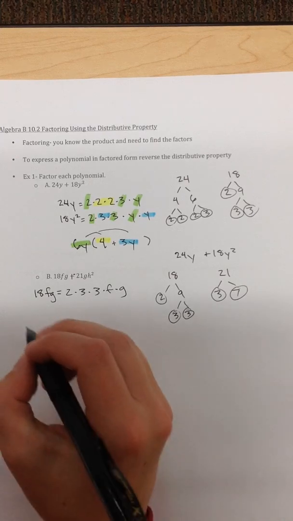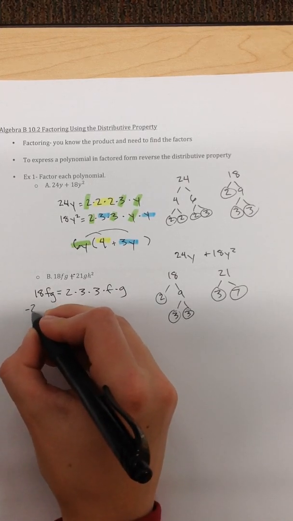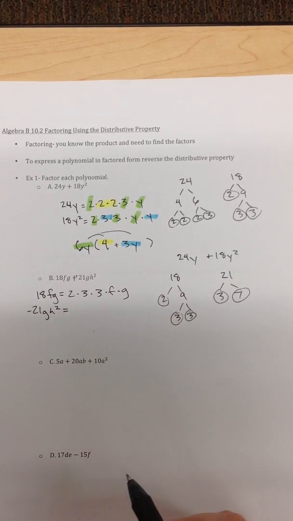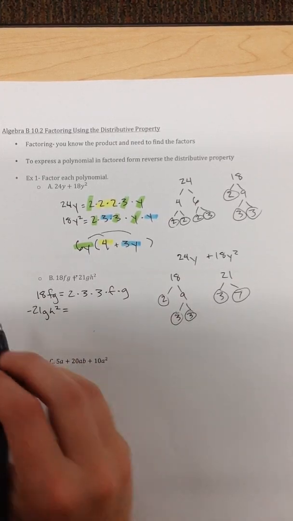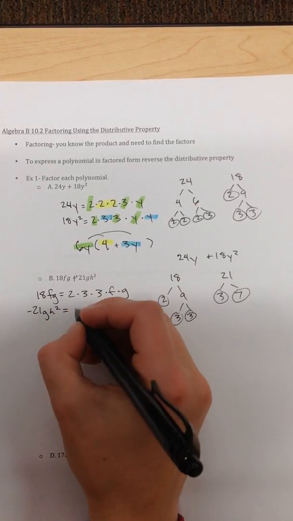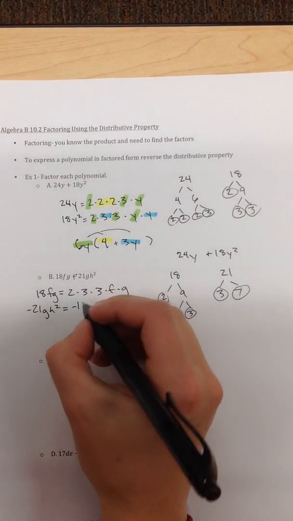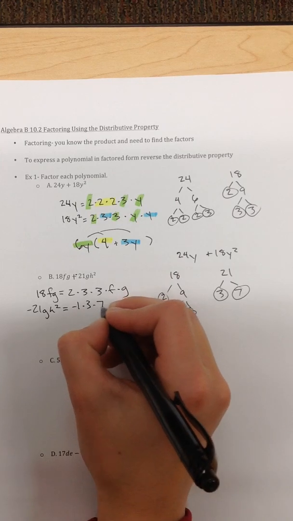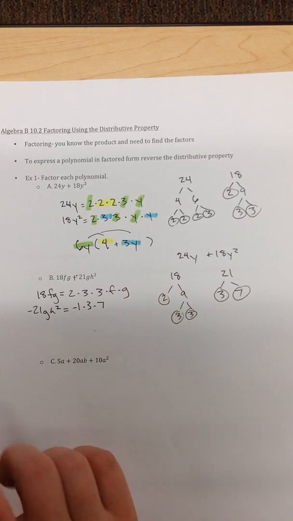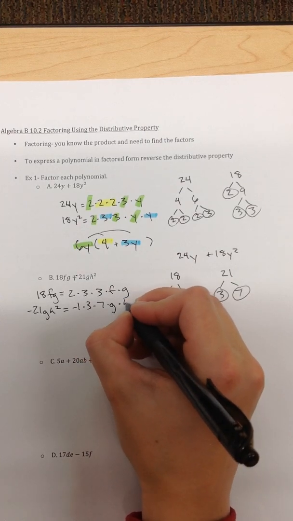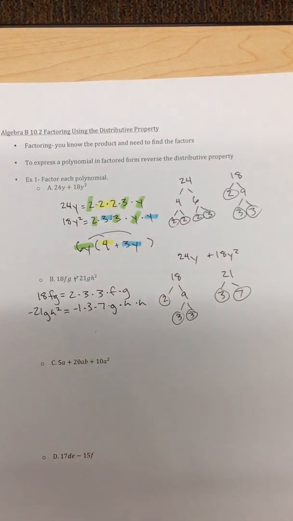And then 21, which is actually negative 21GH squared. 21 broke into the 3 and 7, and I also have to remember, since it's negative there, I want to pull a negative 1 out front. So negative 1 times the 3 times the 7, and then I break down my G and my H squared, so times G times H for the H squared.